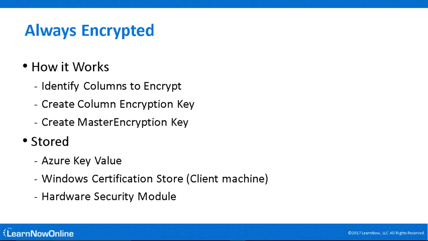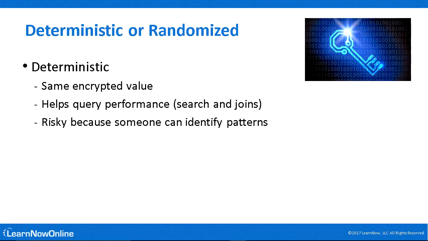However, the engine never stores or uses the keys of either type in plain text. It stores only encrypted values of column encryption keys. The information about the location of the master key is also stored in the metadata. This is internal trusted key stores, and those key stores can be your Windows certificate store, Azure Key Vault, or even some sort of hardware security module.